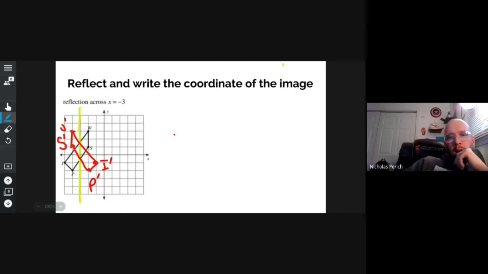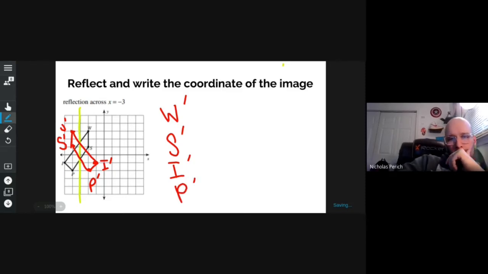So I have W. I have W prime, I have S prime, I have I prime, I have P prime. W prime, if this is 0, 0, W prime looks like it's left 1, 2, 3, 4, up 1, 2, 3.